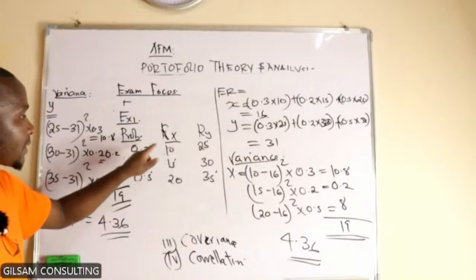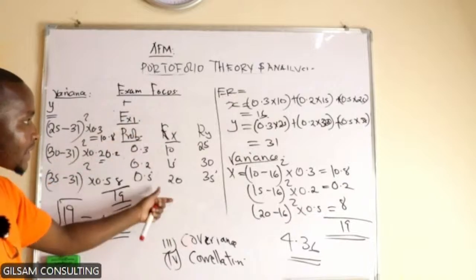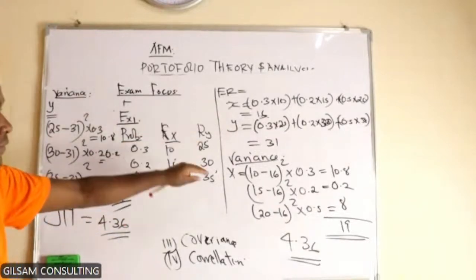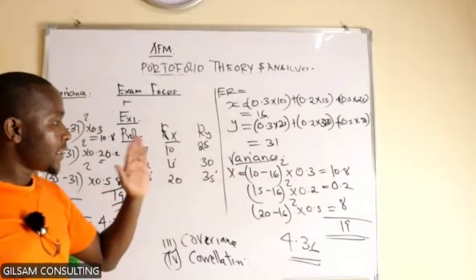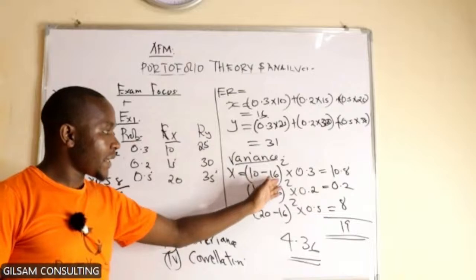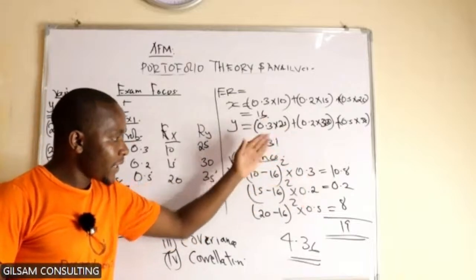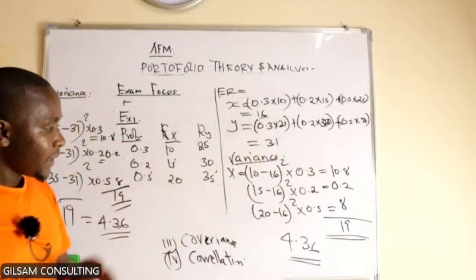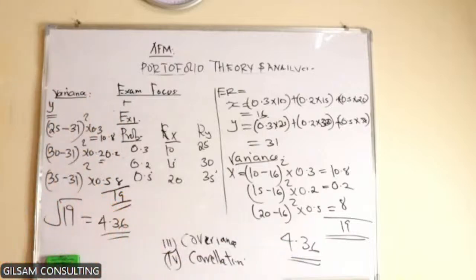So this times this plus this times this plus this times this, you get the expected return of X. The same with Y. Then for variance, remember the formula: you take the return minus the expected return, you square, you multiply by the probabilities. Whatever you get for the 3, you sum. After getting the sum, get the square root so that you can get the standard deviation.